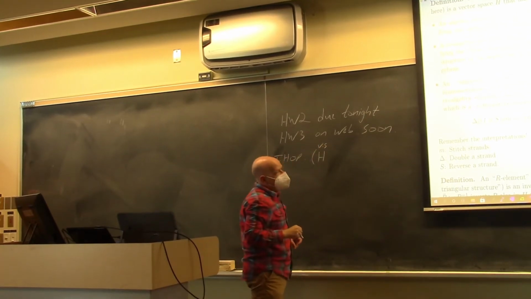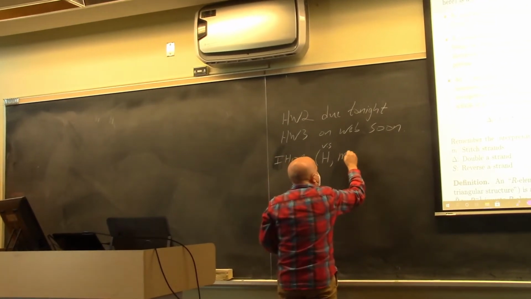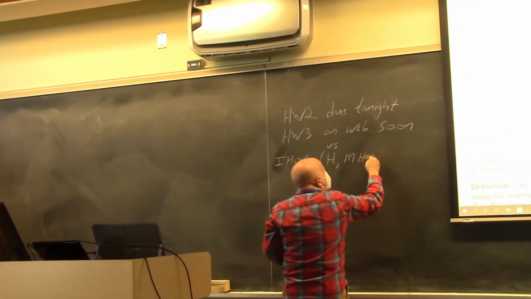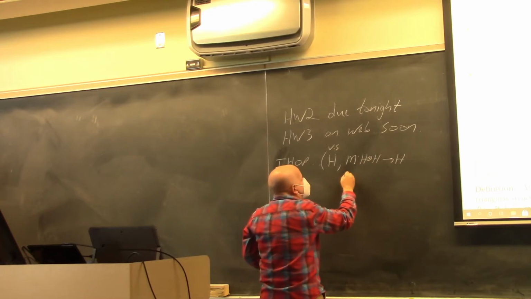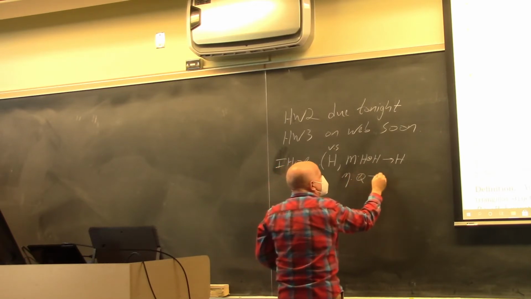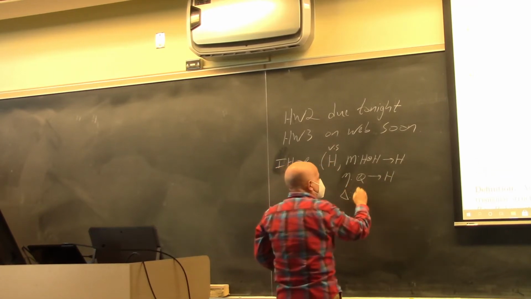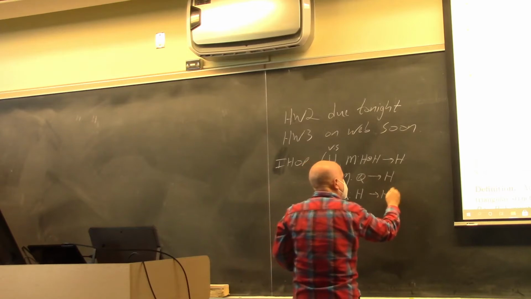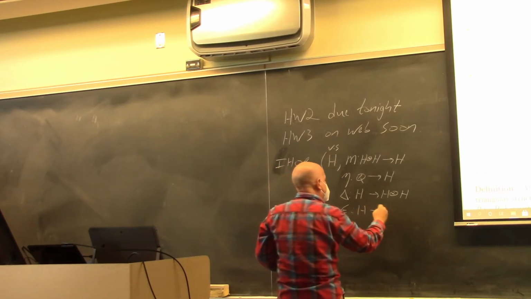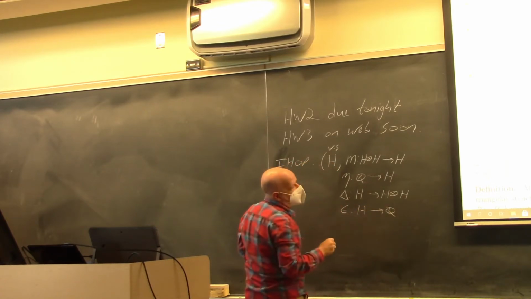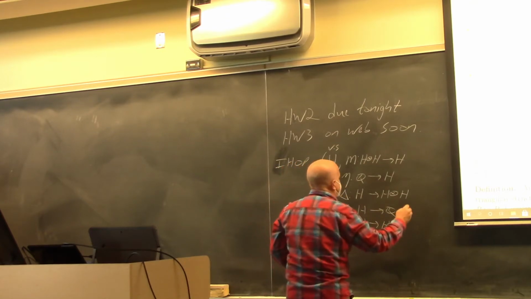And then a bunch of operations on it: M, which goes from H tensor H into H; Eta, which goes from the ground field into H; Delta, which goes from H to H tensor H; Epsilon, which goes from H to Q; and S, which goes from H to H.